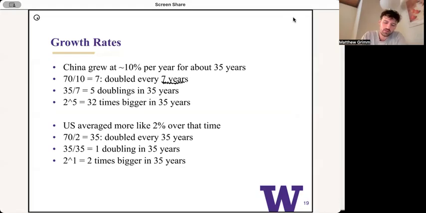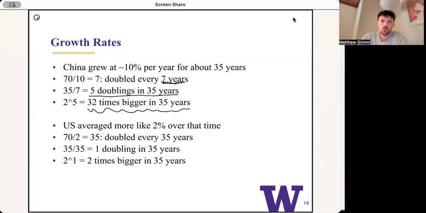And 35 divided by 7 says that this GDP will double 5 times in 35 years. When you double something, you're multiplying it by 2. 2 to the fifth tells us that the economy is 32 times bigger over 35 years.